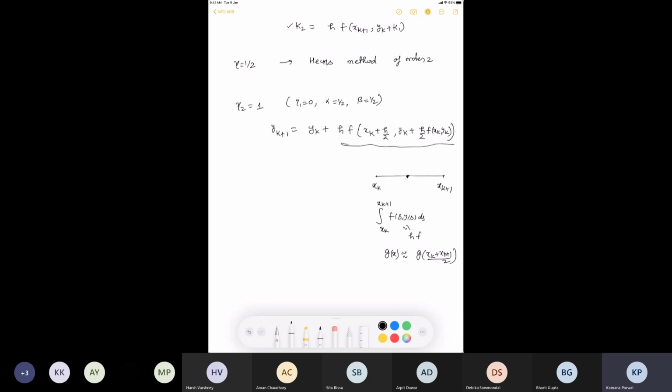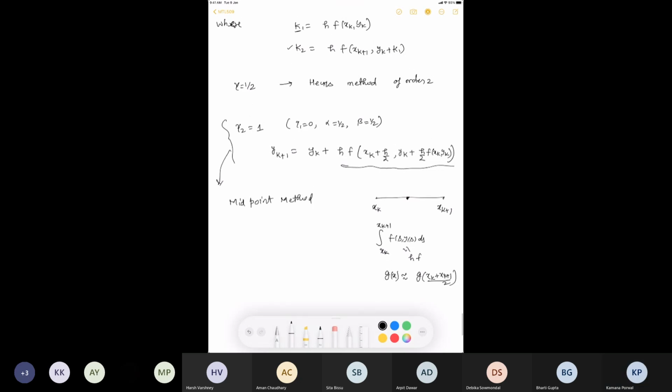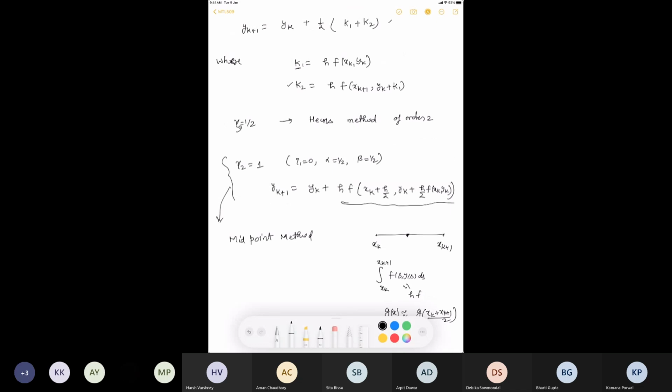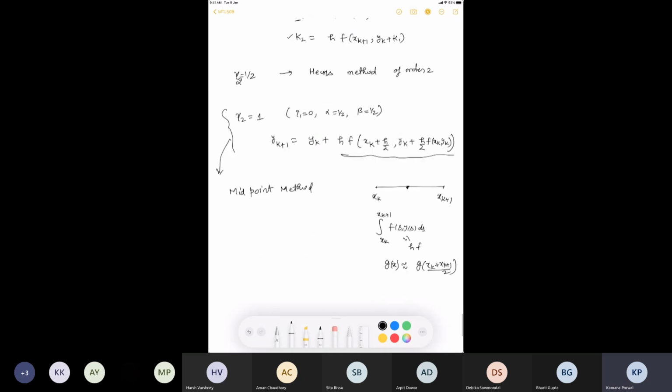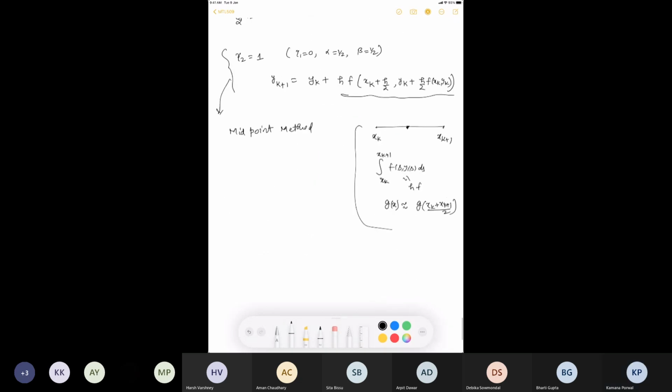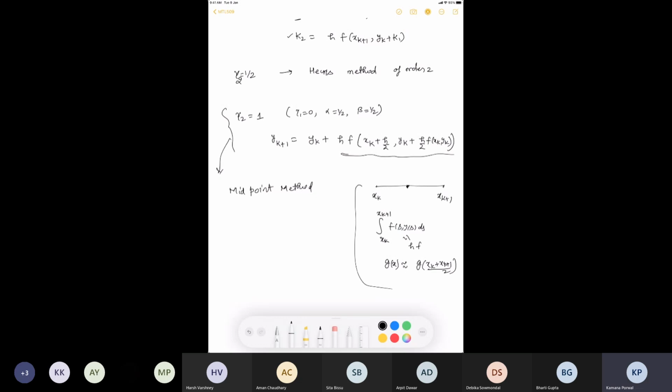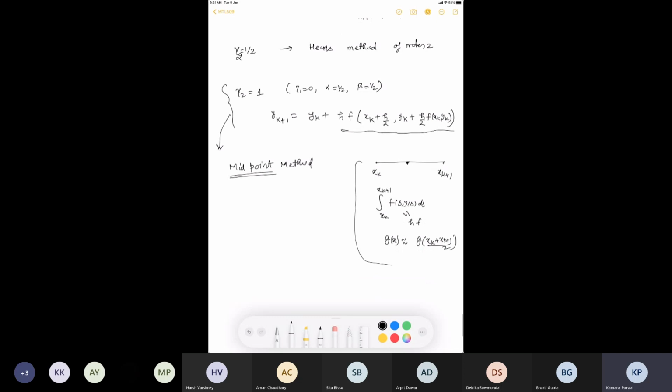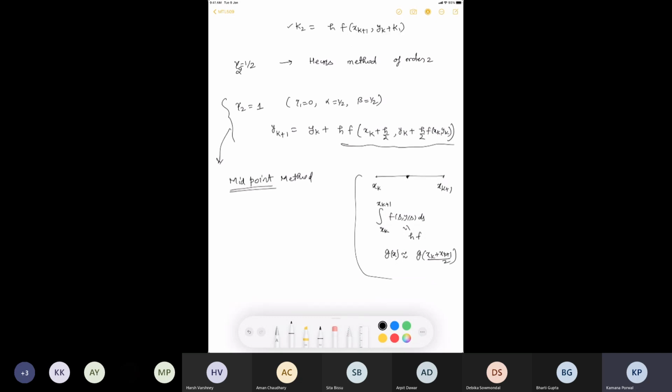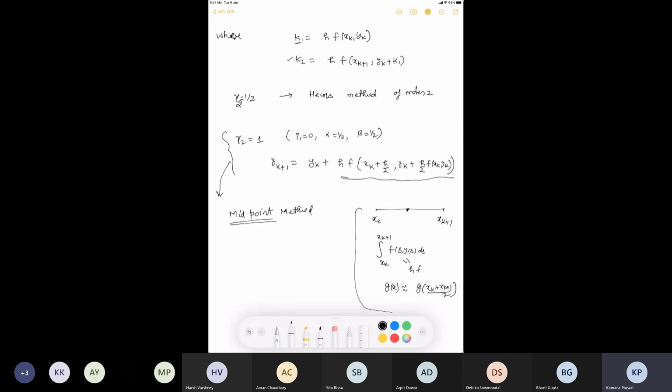With that reason, this is known as the midpoint method. Of course, we could name it some other way, but the reason we are calling it the midpoint method is that if you use the midpoint rule to approximate this integral, you will get the same method.